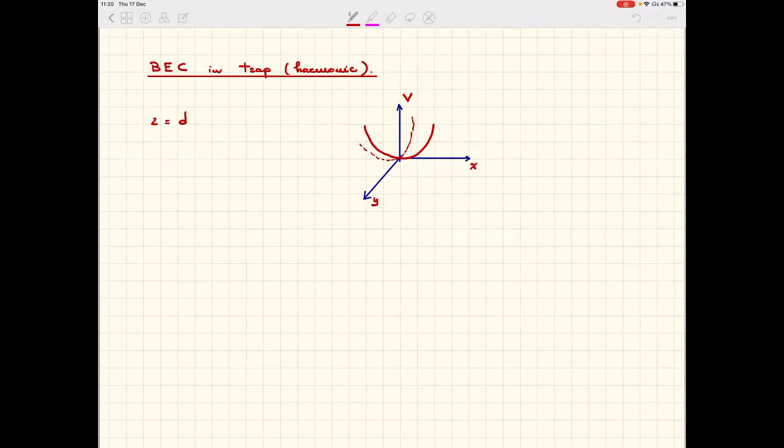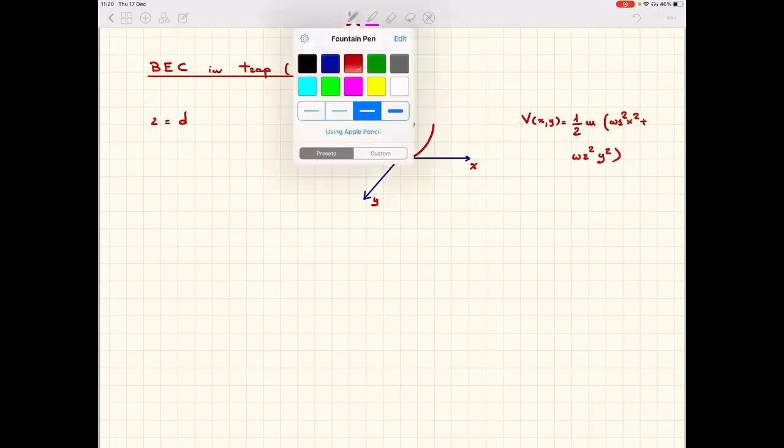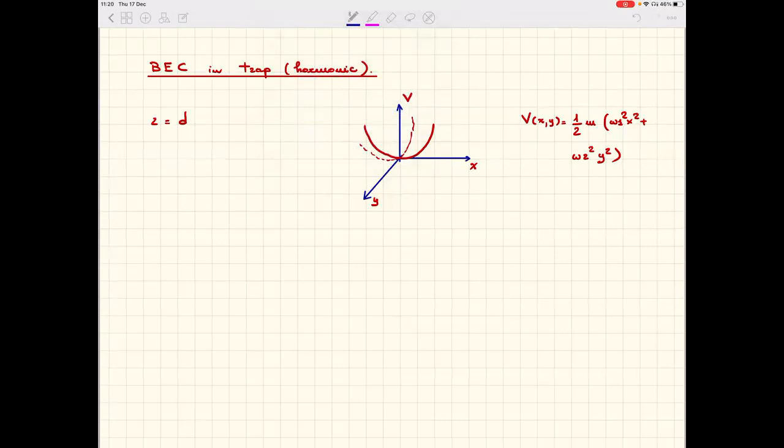Now, if the potential is V of X and Y equal to 1/2 m omega 1 squared X squared plus omega 2 squared Y squared, what is going to be the spectrum, epsilon? What are going to be the energy levels of this potential?